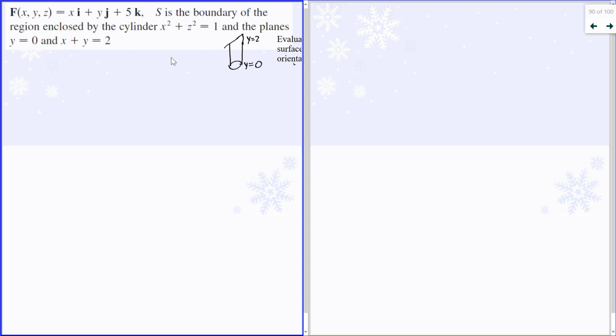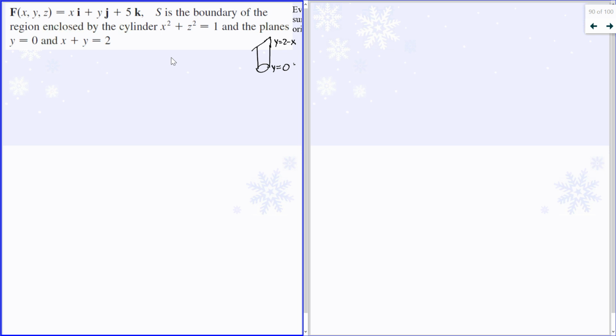Y equals 2 minus x on the top, if you want to consider them both in terms of y. And that's your surface. It's almost like, I have my oatmeal container, my overnight oats, and if I just took a machete and sliced it at an angle, that would be the surface.